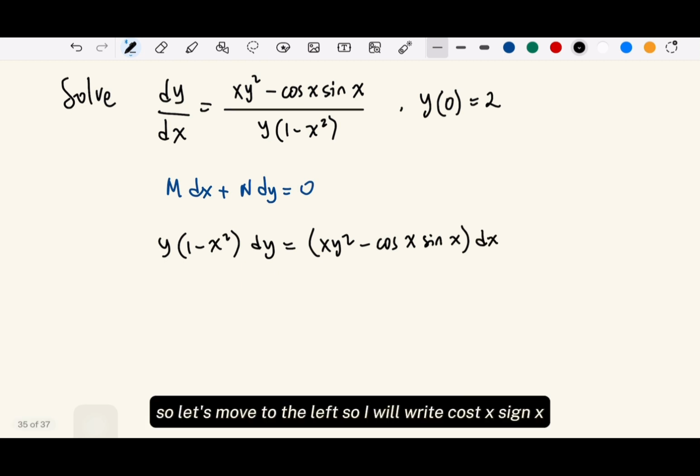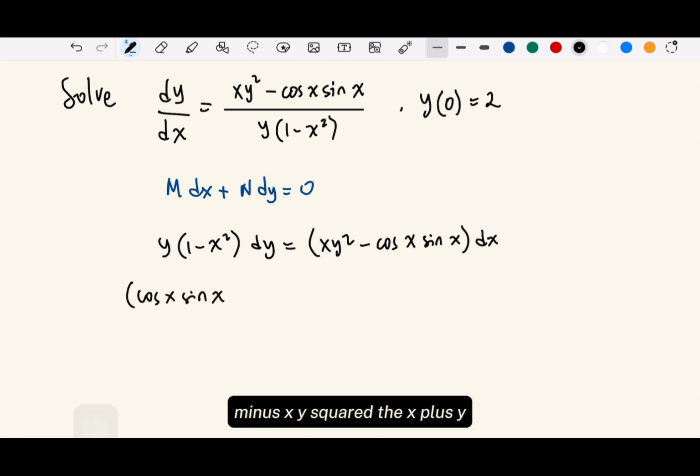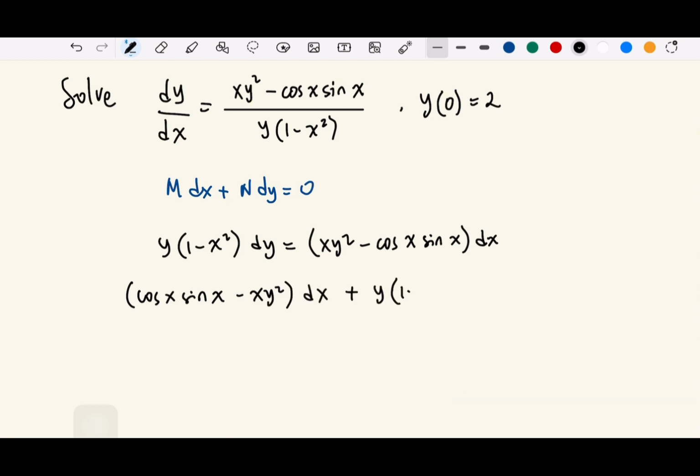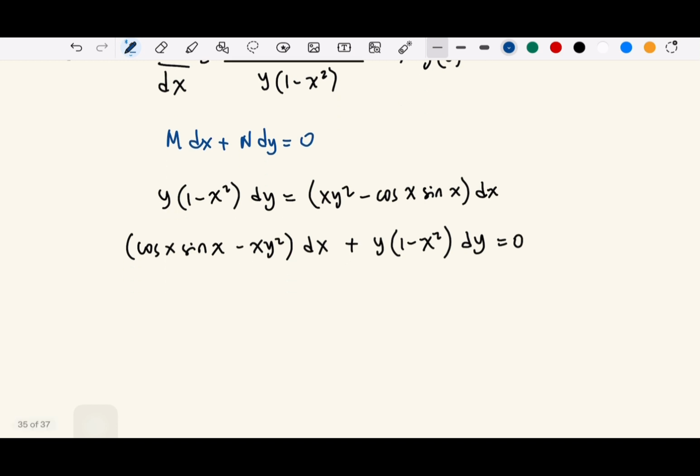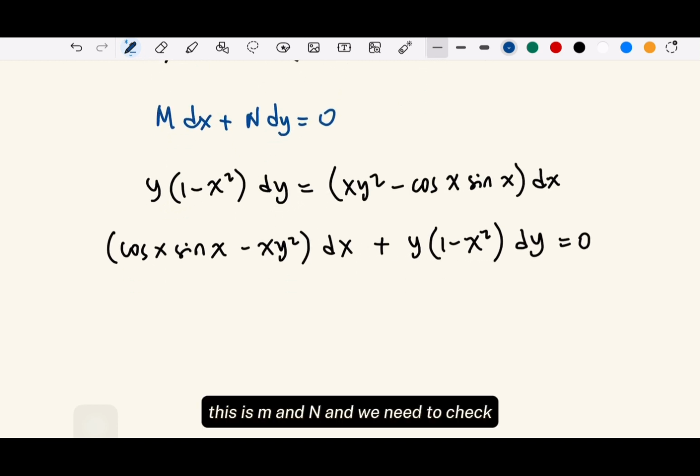So I will write cos x sin x minus xy squared dx plus y. This is m and n, and we need to check the partial with respect to y for m.